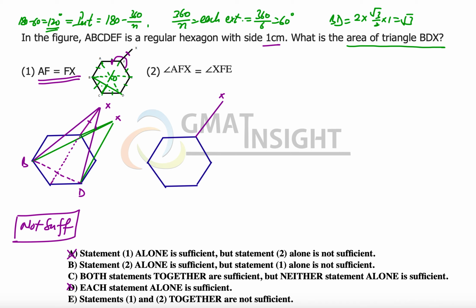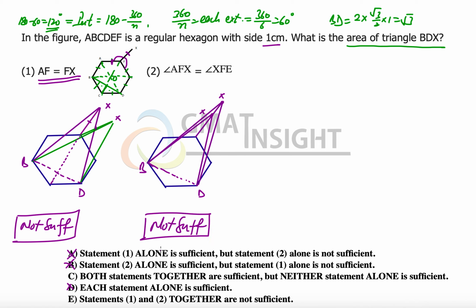While one possibility is this kind of figure, the other possibility is a figure such as this. In both cases, the length of BD is fixed, but the height is constantly changing, because the point X can be here, or here as well, and different heights will render different areas. Therefore the second statement alone is also not sufficient to answer the question.